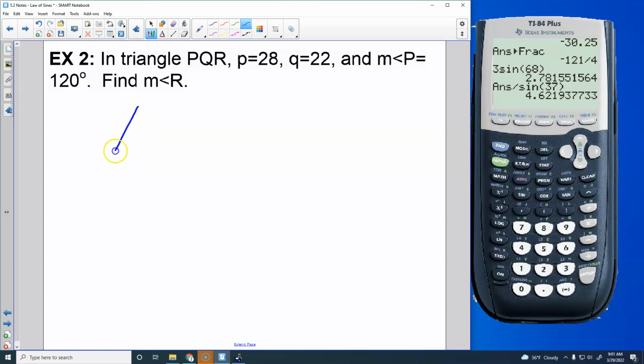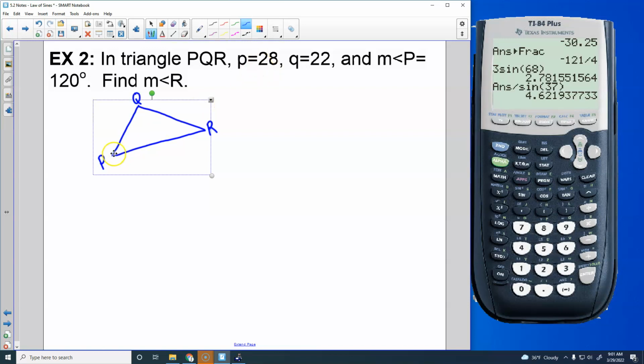So I usually draw just a triangle and label the vertices. But keep in mind here that it's not to scale, because I just randomly put those on there. It's just to help us set things up. So you don't want to think of your picture as drawn to scale.